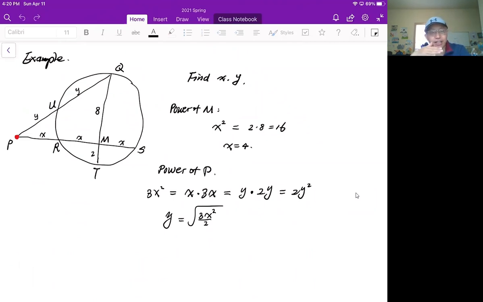After you get x equals 4, you want to compute the power of P. From one side, it's x times 3x, from the other side it's y times 2y. So if you know the x value, you know the y value. Does it make sense? That's from last time. Are there any questions?